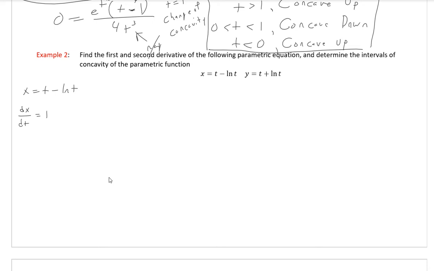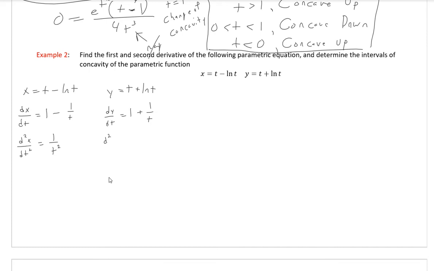The first derivative is 1 minus 1 over t. And the second derivative is going to be, that's t to the negative 1. We'll pull out, that'll actually be 1 over t squared, positive. And then if I have y is t plus natural log of t, I have dy dt is 1 plus 1 over t.